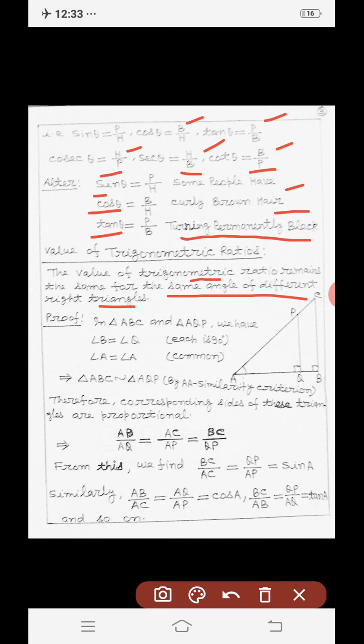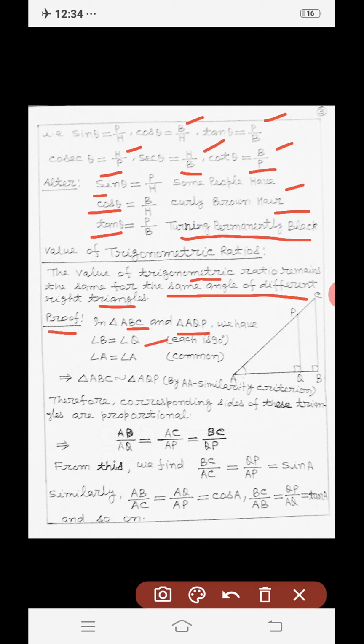Now we start the proof. Draw a right triangle ABC. We take a point P on the hypotenuse AC of right triangle ABC and draw PQ perpendicular on AB. Now in triangle ABC and triangle AQP we have angle B is equal to angle Q, each is 90 degrees.